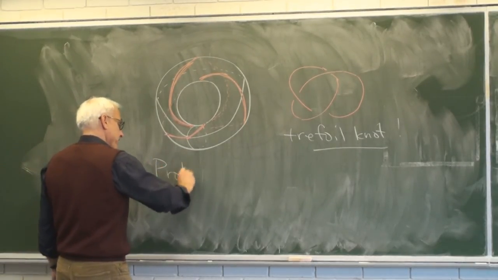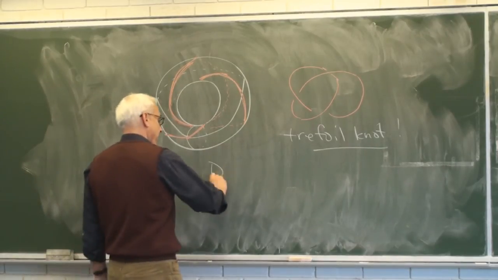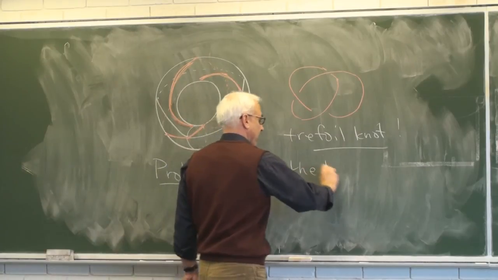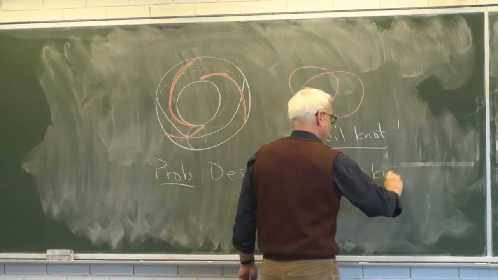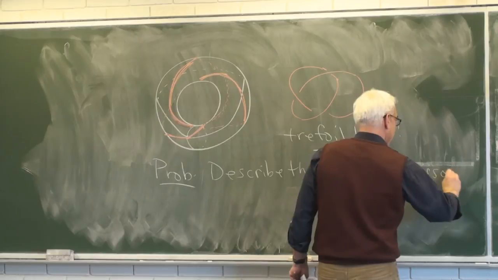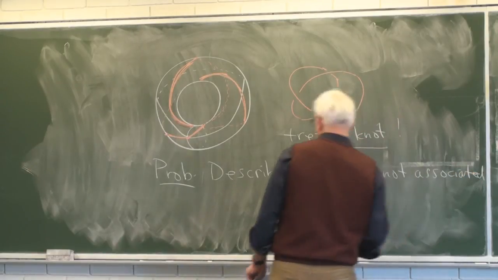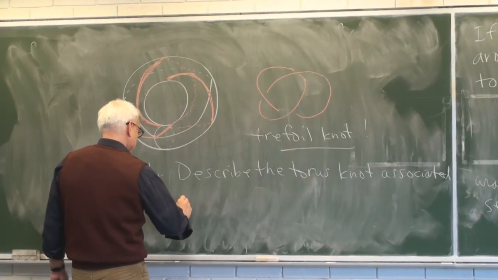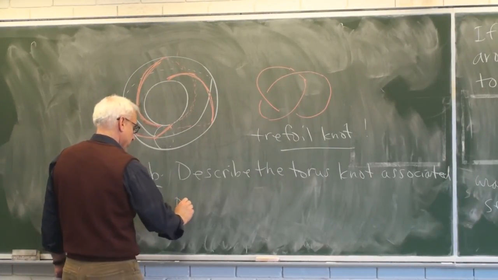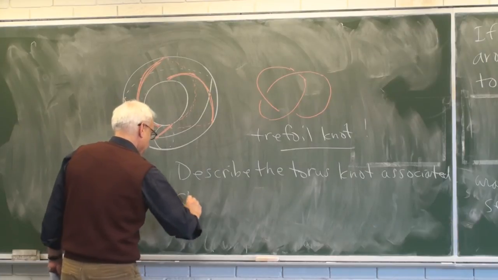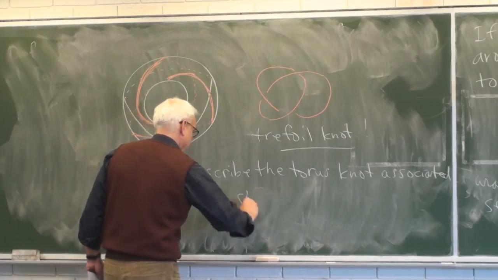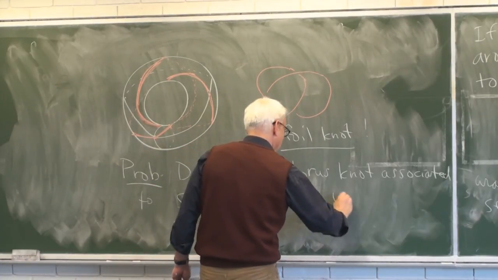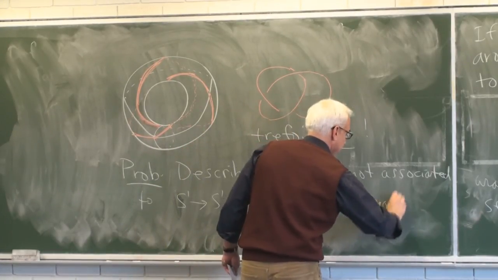So the problem is, describe the torus knot associated to the covering, or the map, S1 goes to S1 cross S1, T goes to (3T, 4T) mod 1.